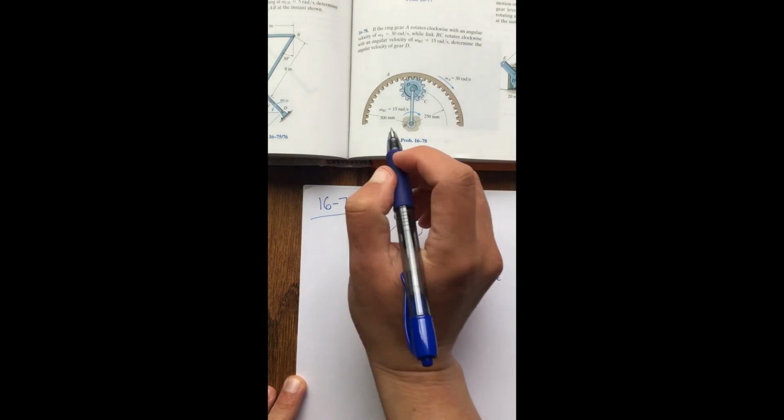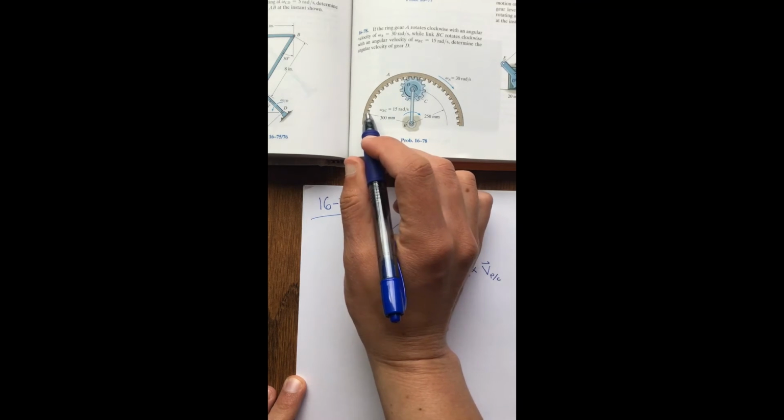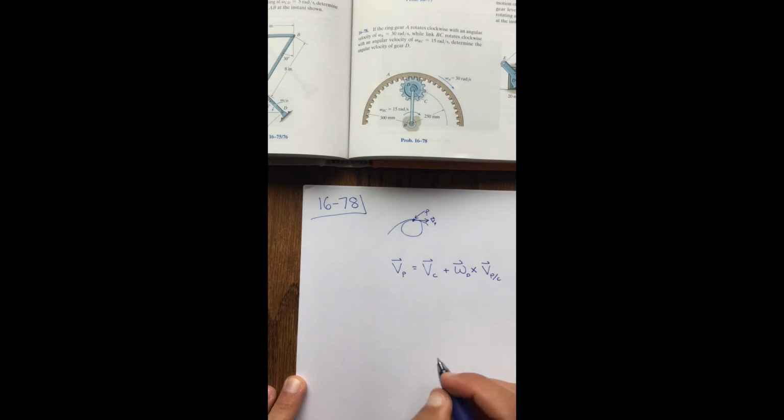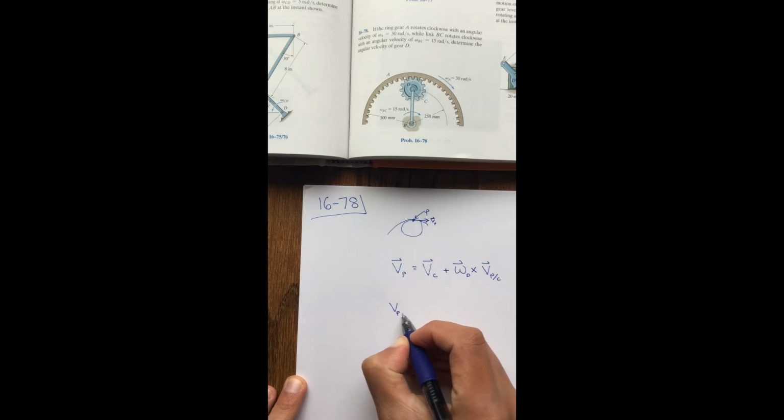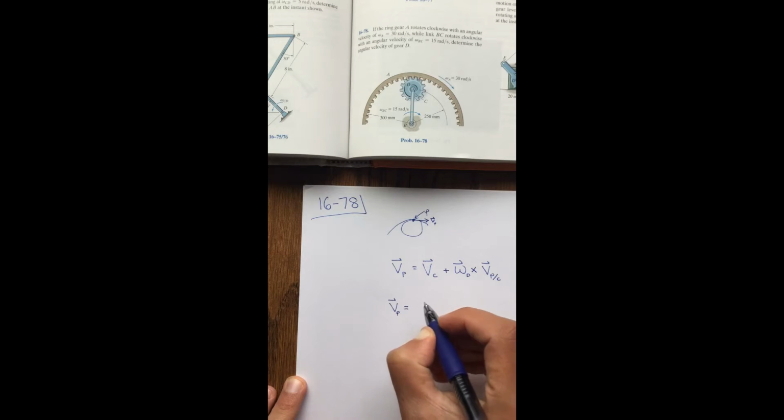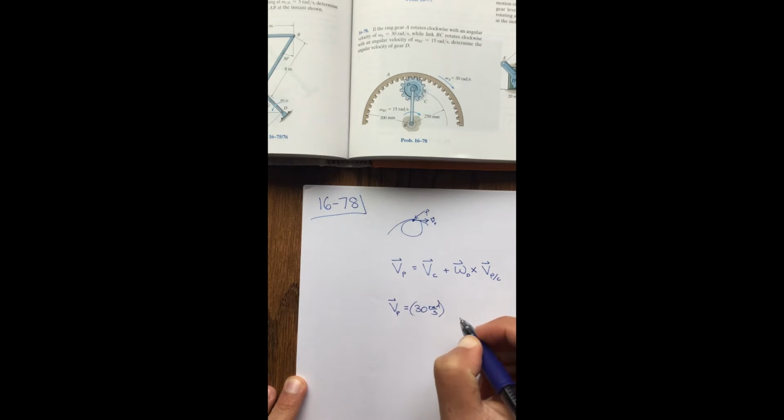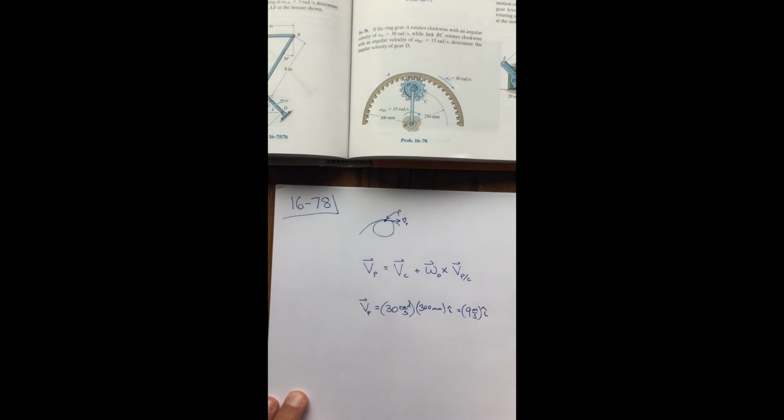We have the angular velocity and the distance from point B to where the teeth are on gear A. So the velocity of point P is equal to the angular velocity of 30 radians per second times the distance here, which is 300 millimeters, in the i hat direction. If we change this to meters per second, we get 9 meters per second in the i hat direction.